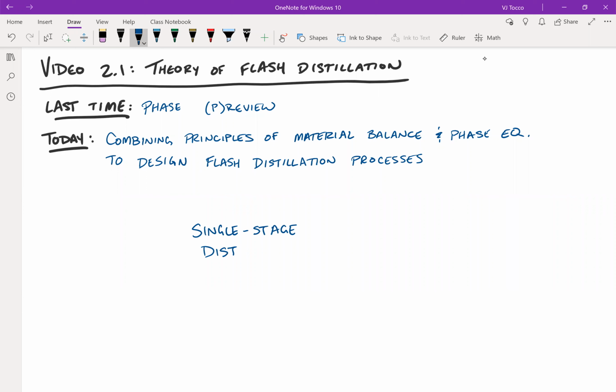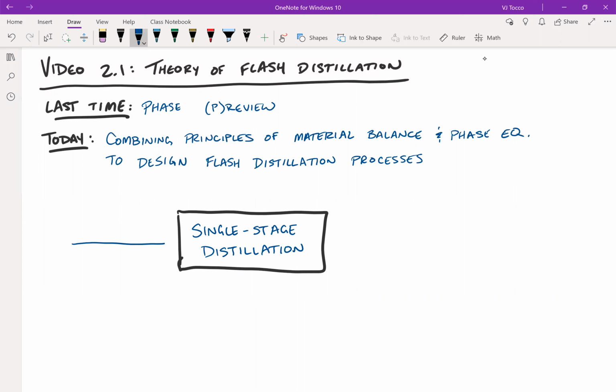And like all process units in chemical engineering, when you're drawing a process flow diagram, you can denote a process unit with a simple box. Into the single stage distillation unit flows a feed mixture, which is typically, but not always, a liquid.